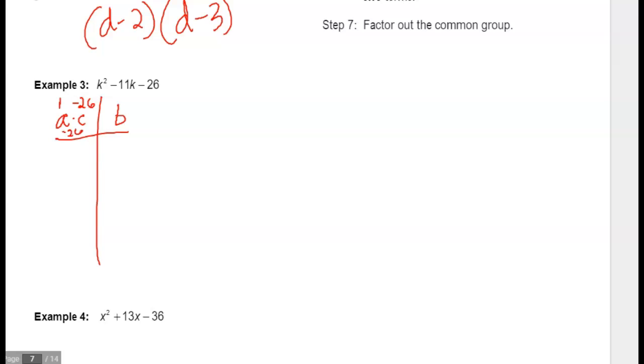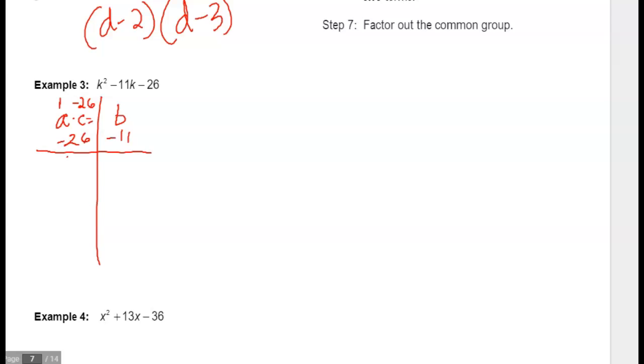And then we need to add to get negative 11. So here, let me erase this, make a little more room. So my a times c equals negative 26, and my b equals negative 11.